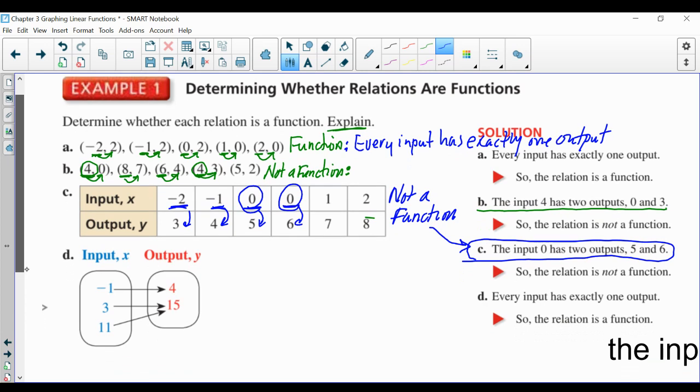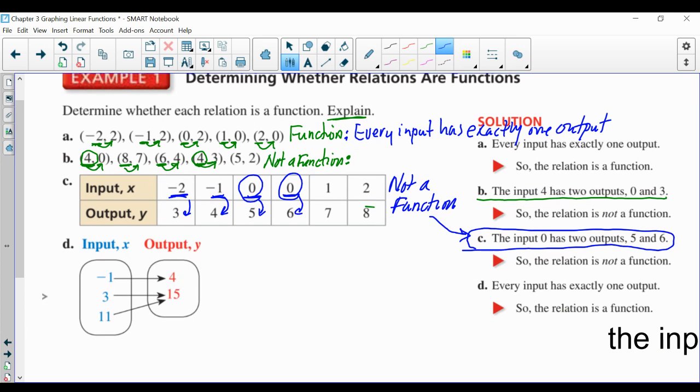All right, so here's the last one now. I have -1 has an output of 4, and this is a mapping now. Do you see the mapping? A 3 has an output of 15, and an 11 has an output of 15.